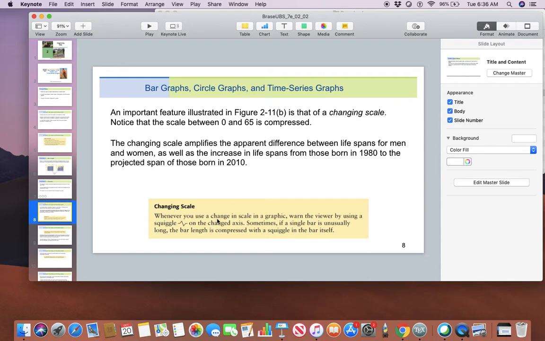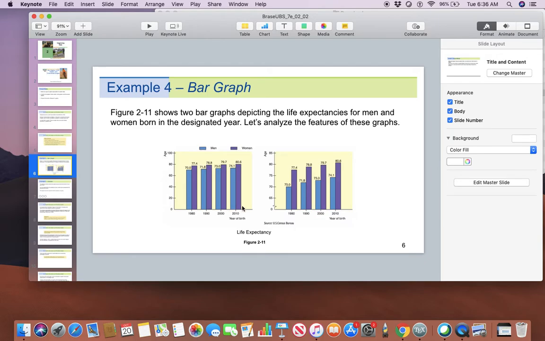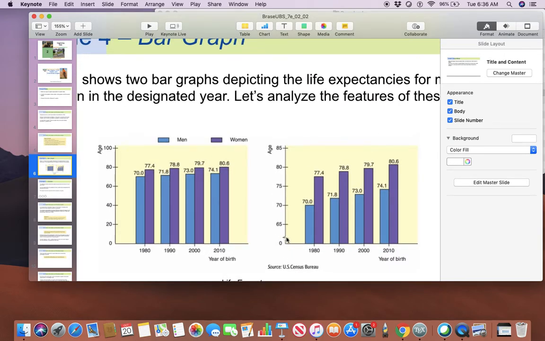Whenever you use a change in scale, warn the viewer by using a squiggle. That's a squiggle on the changed axis. Sometimes if a single bar is unusually long, the bar length is compressed with a squiggle in the bar itself. So let me explain again. You see this squiggle?